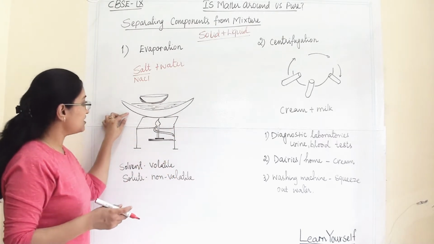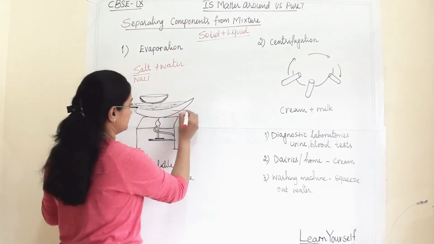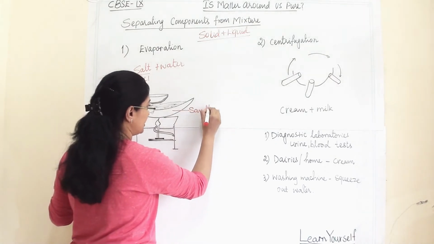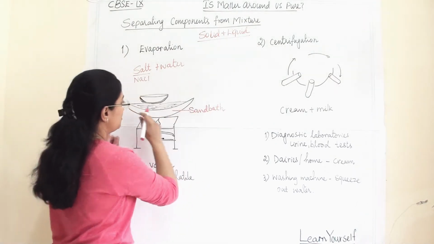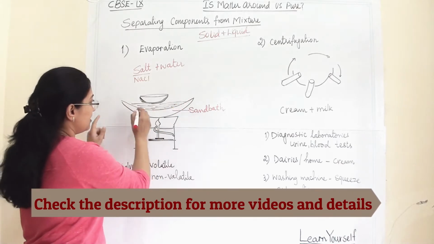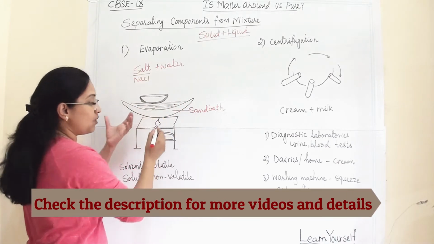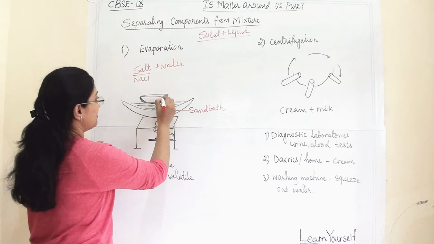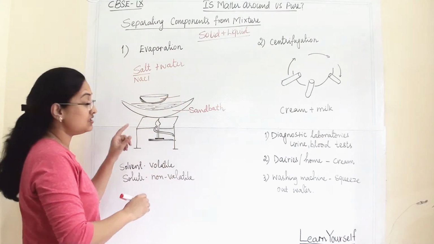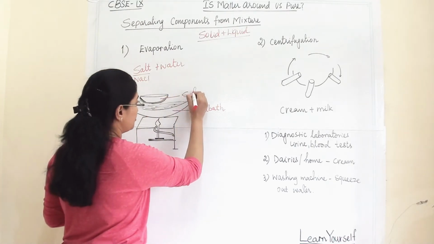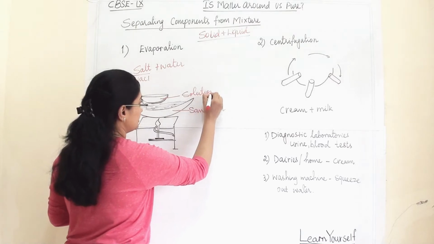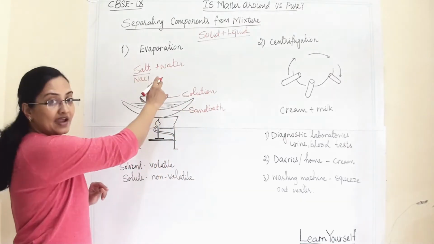Here we are utilizing a sand bath. This is known as a sand bath. In this, in a big vessel, there is sand, and on top of that sand I have put a petri dish. In the petri dish I have put my solution that consists of salt and water.